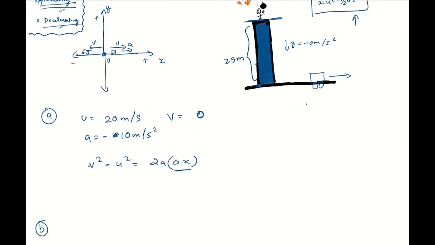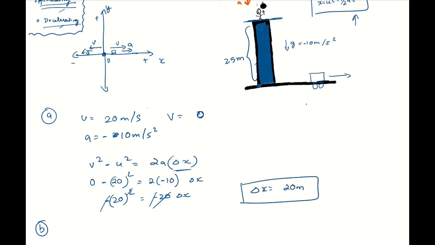So v square is 0 minus 20 square, equal to 2 times the acceleration, negative 10, delta x. This is equal to minus 20 delta x, and over here minus 20 square. We cancel these negatives out, 20 cancels this one out, and you have delta x equal to 20 meters.